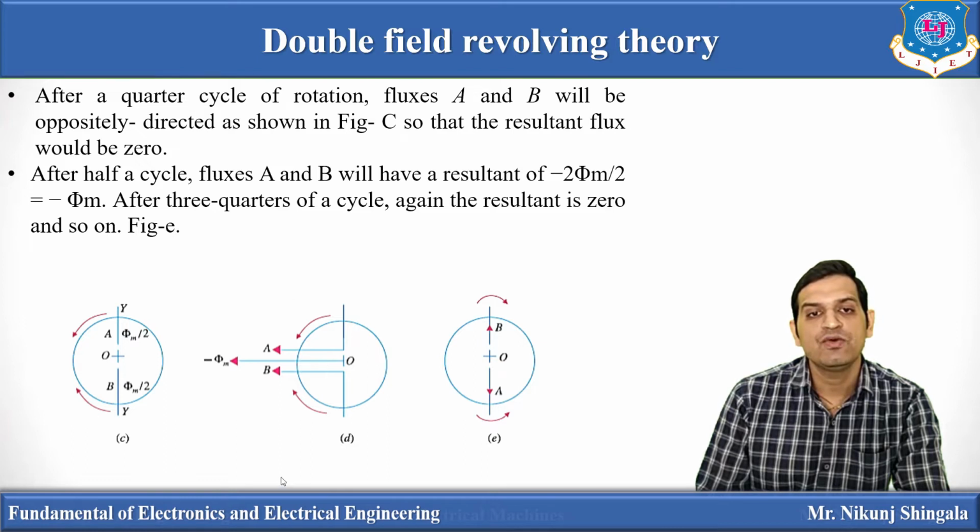In figure D you can see both have rotated half a cycle, and the resultant found using the parallelogram is minus phi m, in the opposite direction. After three quarters of the cycle the resultant flux is again zero, and so on. So any alternating quantity can be resolved into two components having half the magnitude, both rotating in opposite directions.